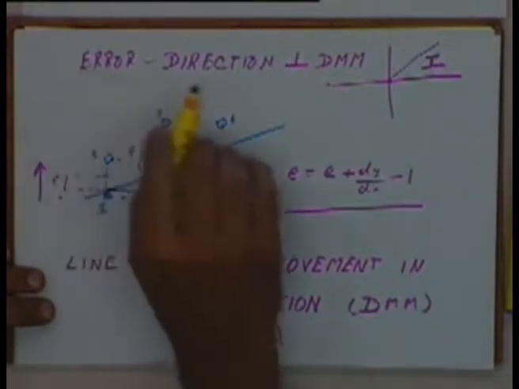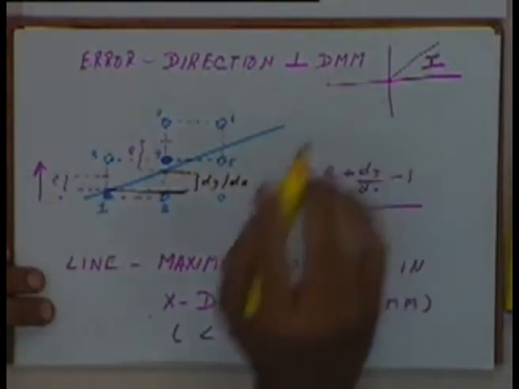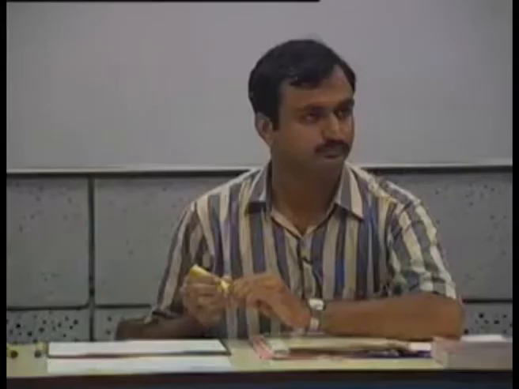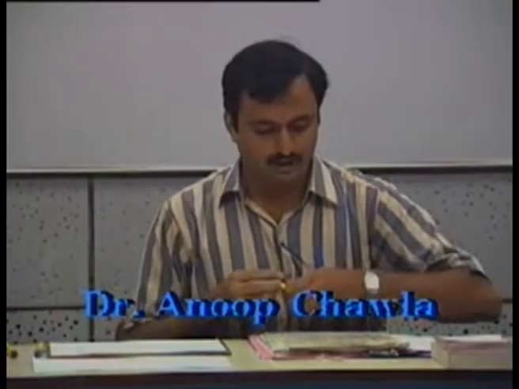So the error is measured in the direction perpendicular to the direction of maximum motion. Is this all right?